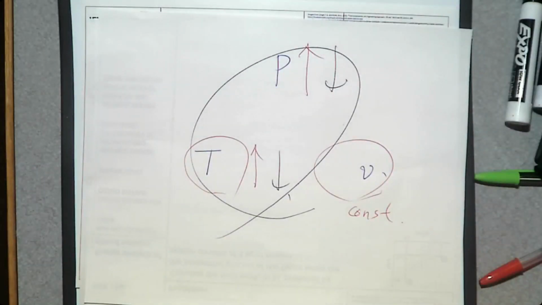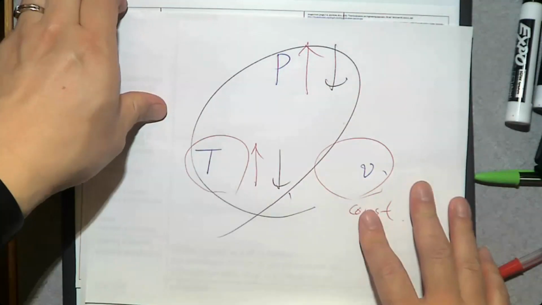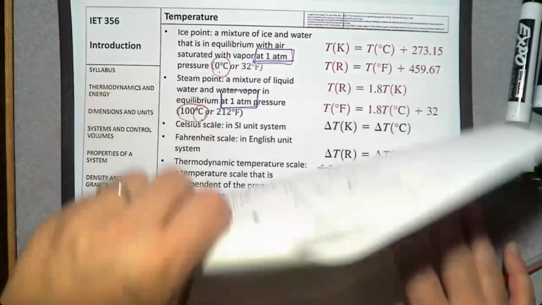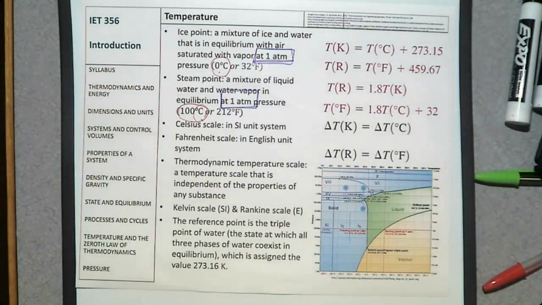pressure, temperature, volume are all connected. When atmospheric pressure changes, your steam point and ice point will change. I think I told you the story about restaurants in Denver, didn't I? Nobody is from Denver, Colorado, right? No, okay.